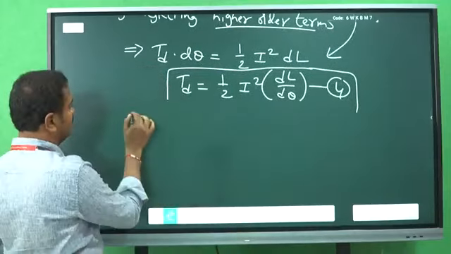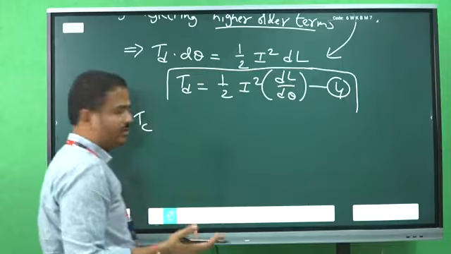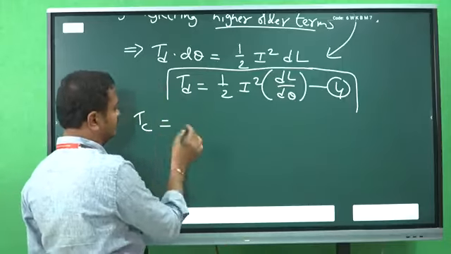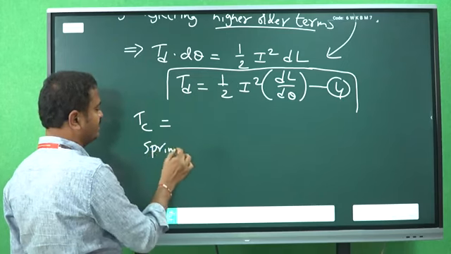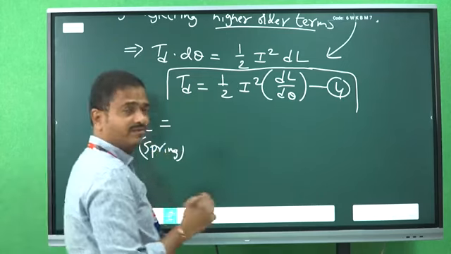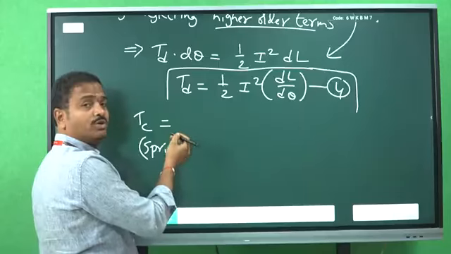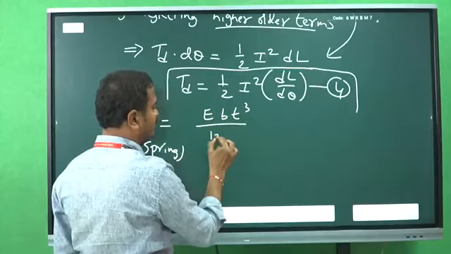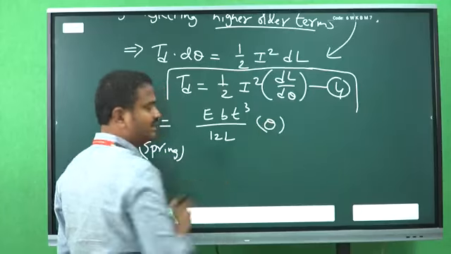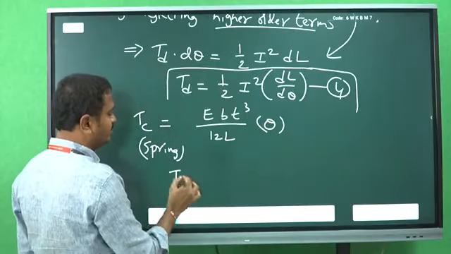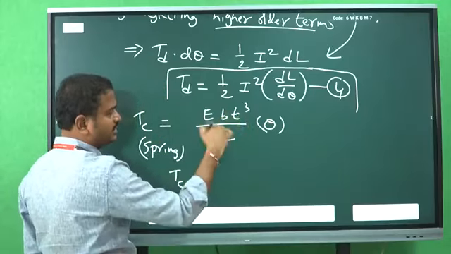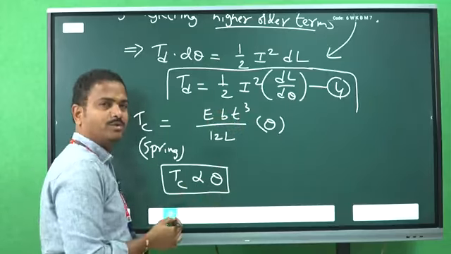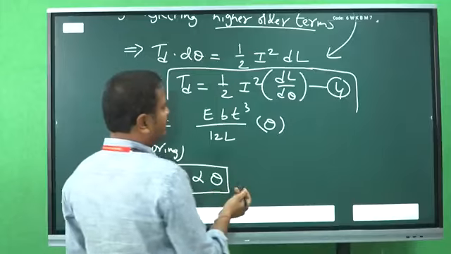Now the controlling torque. We know the controlling torque expression. It is provided by springs. From physics, the controlling torque produced by the spring is E B T cube by 12 L into the angle of deflection theta. By avoiding constant terms, the controlling torque is proportional to the angle of deflection.